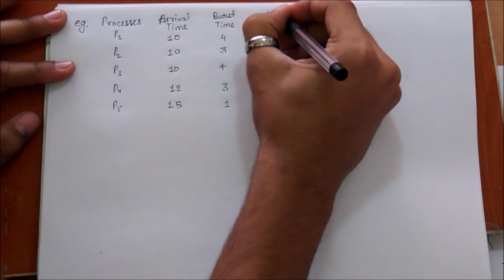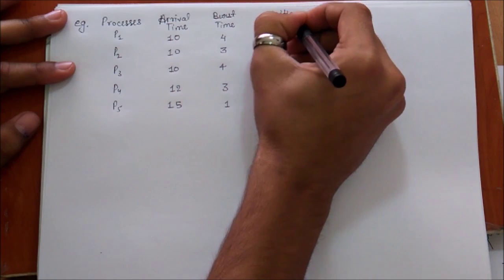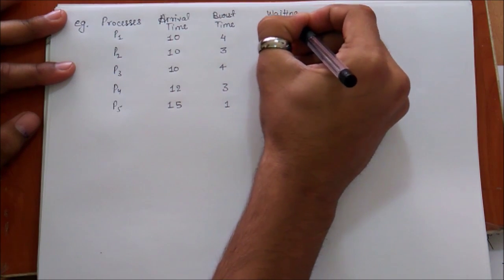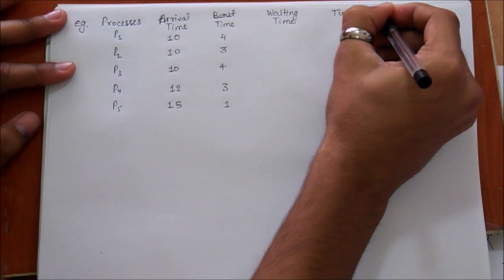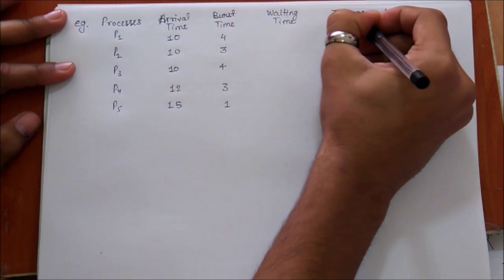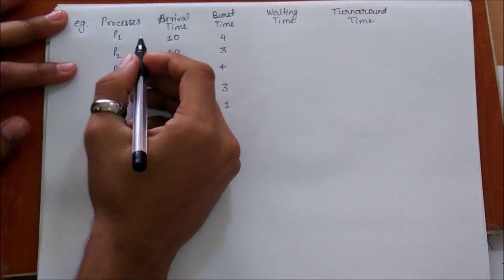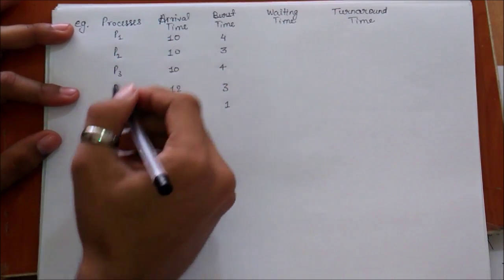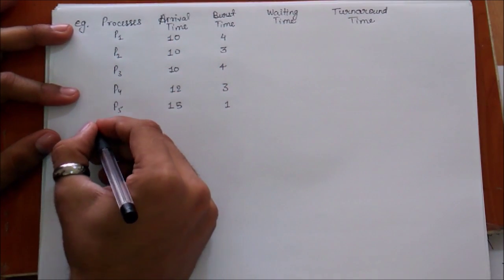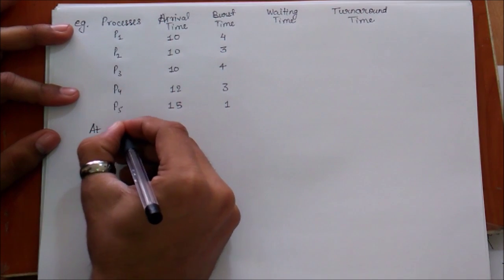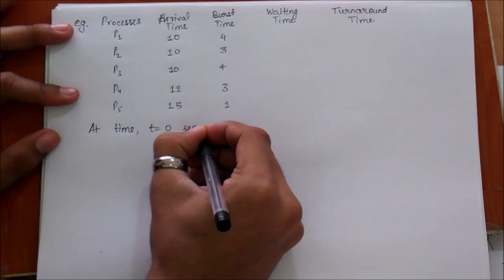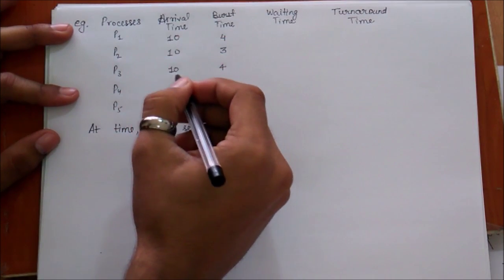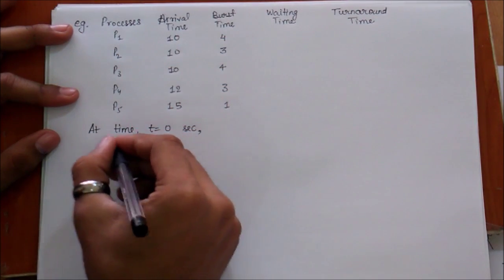Now we have to calculate the waiting time and the turnaround time. Now, since it is first come first served, we will look at the time frame. At time t equal to 0 seconds, we see that none of the processes arrive at 0 seconds.